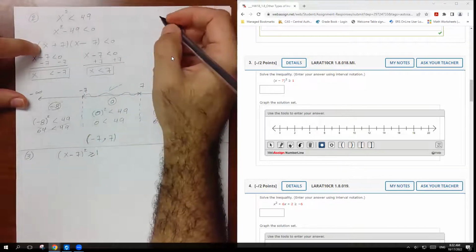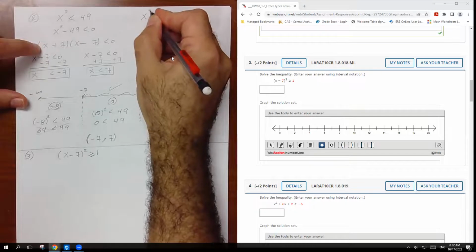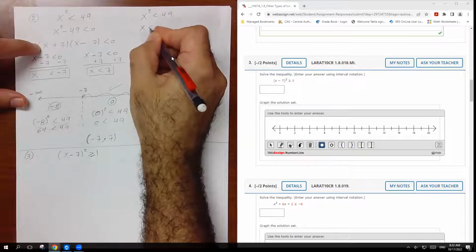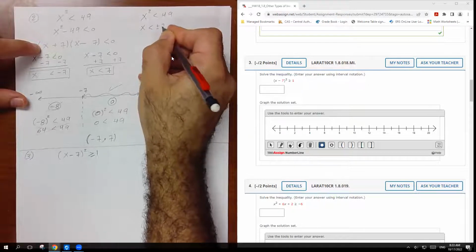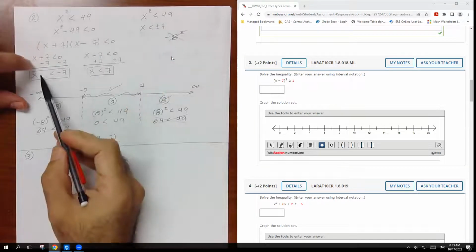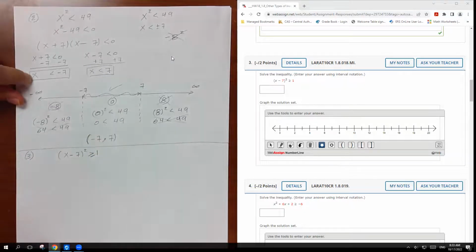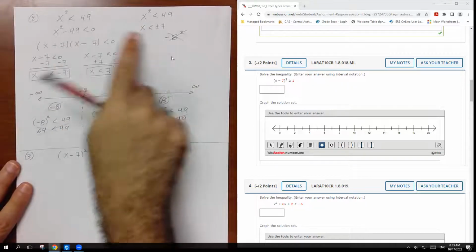Or you can take the square root of both sides. That means x is going to be less than plus or minus 7, which is the same thing: x is less than 7 and greater than negative 7. So there are 2 methods to solve this example.